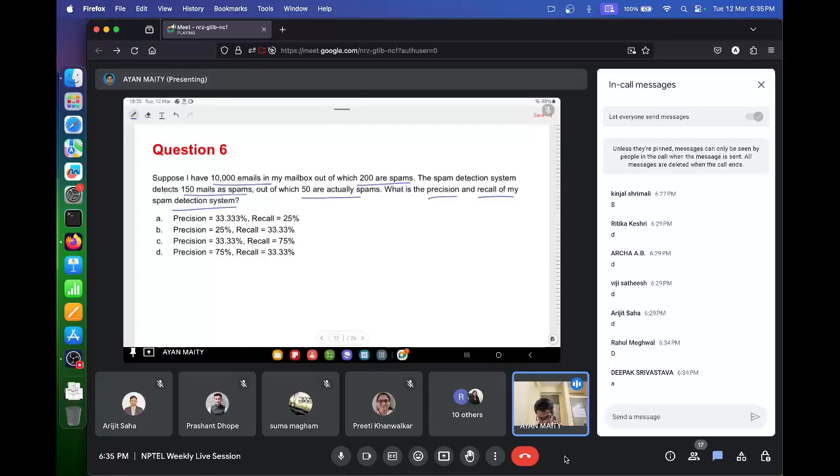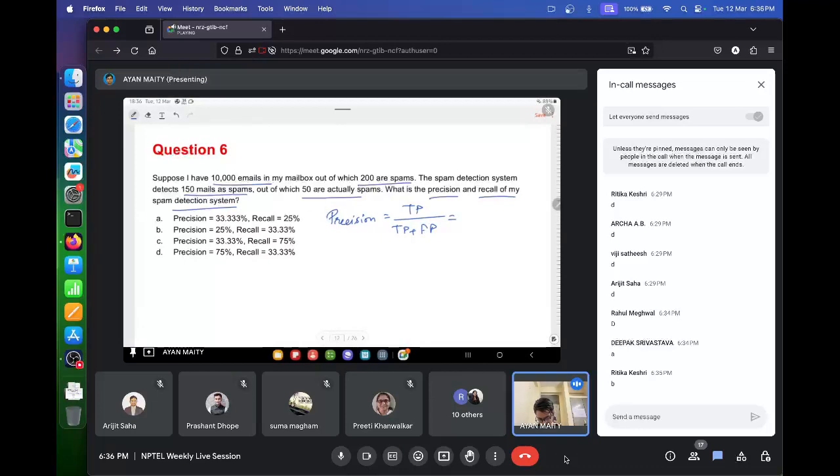So for this question again you have to find out the true positive, false positive and false negative values. For precision you have to find out true positive and false positive from the information given in this question. True positive is the number of data points which are actually positive and also predicted as positive.